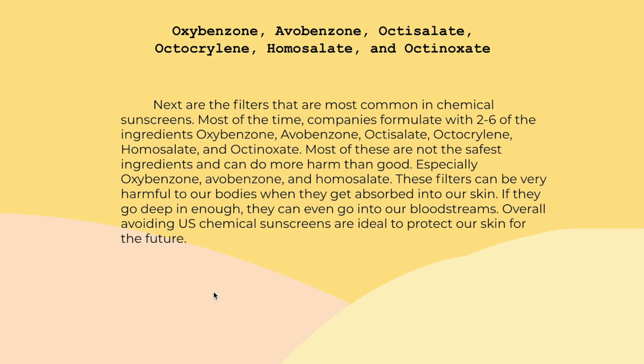These filters can be very harmful to our bodies when they get absorbed into our skin. If they go deep enough, they can even go into our bloodstream. Overall, avoiding US chemical sunscreens is ideal to protect our skin for the future.